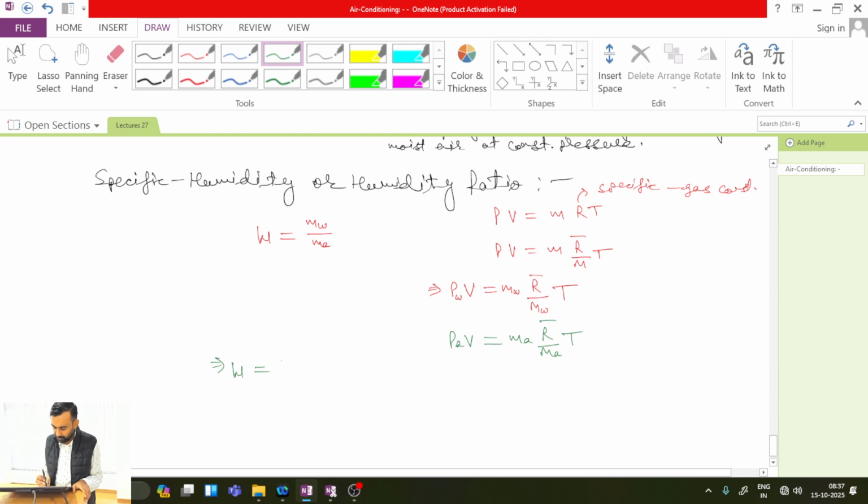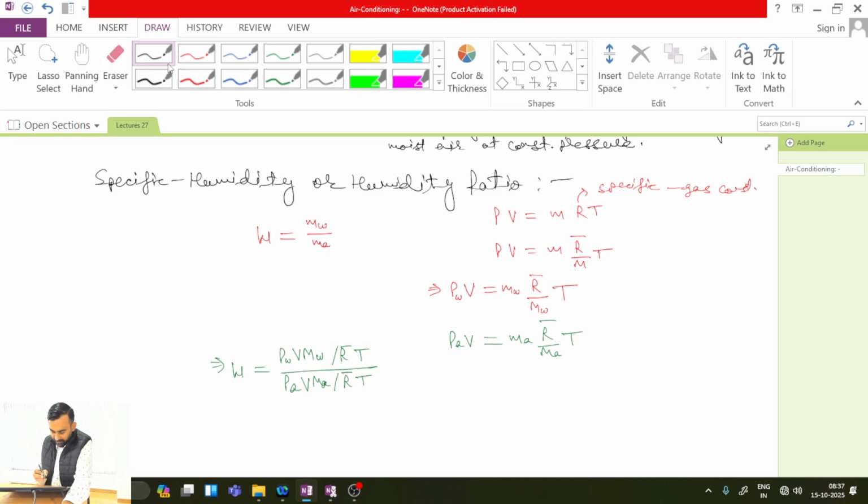In place of mw, I will get PW V into Mw divided by R bar T, and PA V into Ma divided by R bar T. R bar T will cancel, volume will cancel.